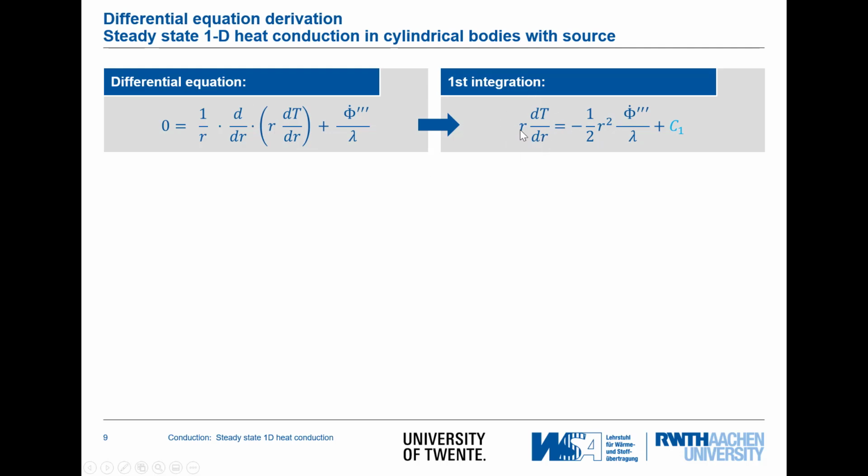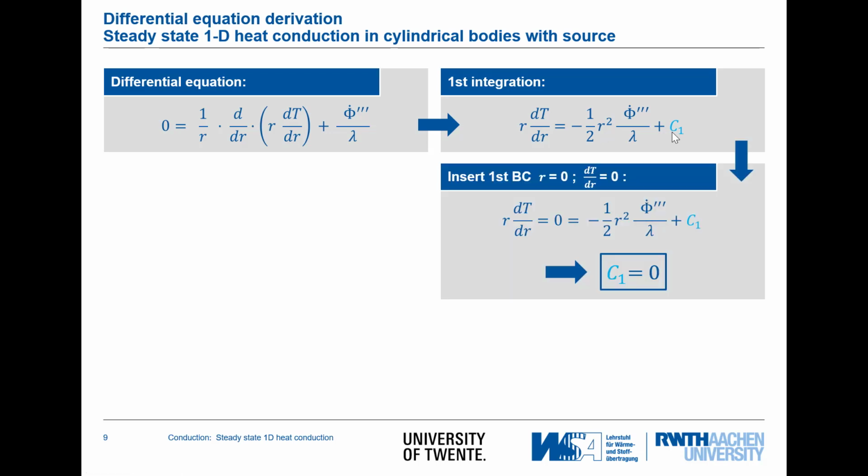On the left side we have r dT/dr, and on the right side, because there was already r as a prefactor of this Q dot 3 dash, the integration of r brings us to 1/2 r squared, and of course we have to account for the first integration constant. We can already use this differential equation to calculate C1. Why?